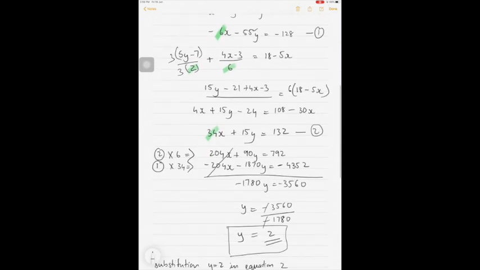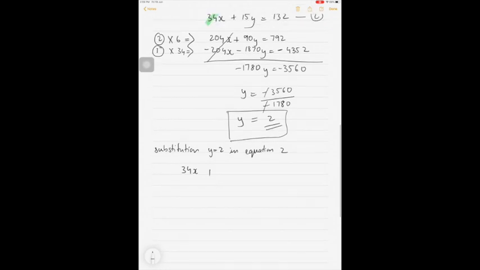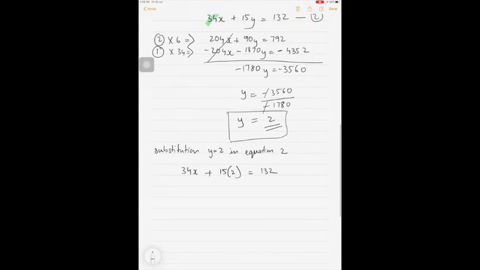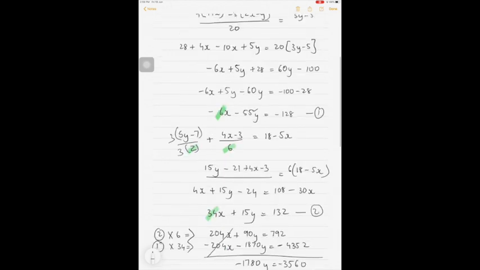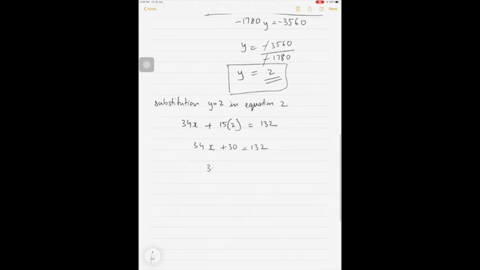So 34x plus 15 into 2 is equal to 132. So 34x plus 30 is equal to 132.